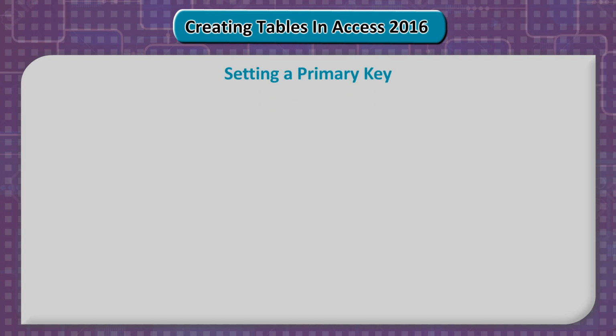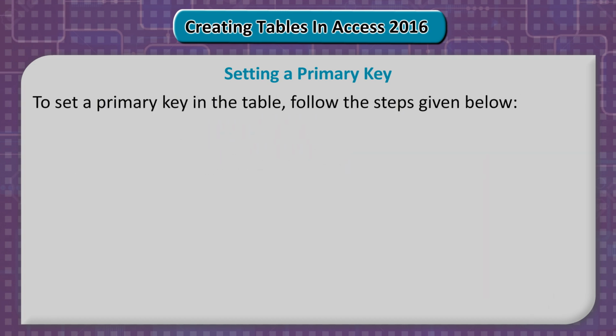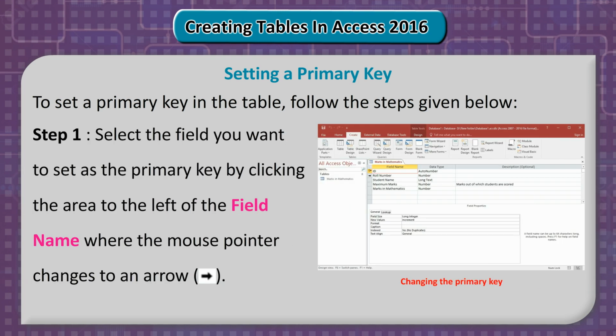Setting a primary key. A field is set as the primary key when it has a unique value through all events in the table. For example, the roll number of the students in the table will remain unique throughout the database. Hence, you can set this field as the primary key. To set a primary key in the table, follow the steps given below. Step 1.